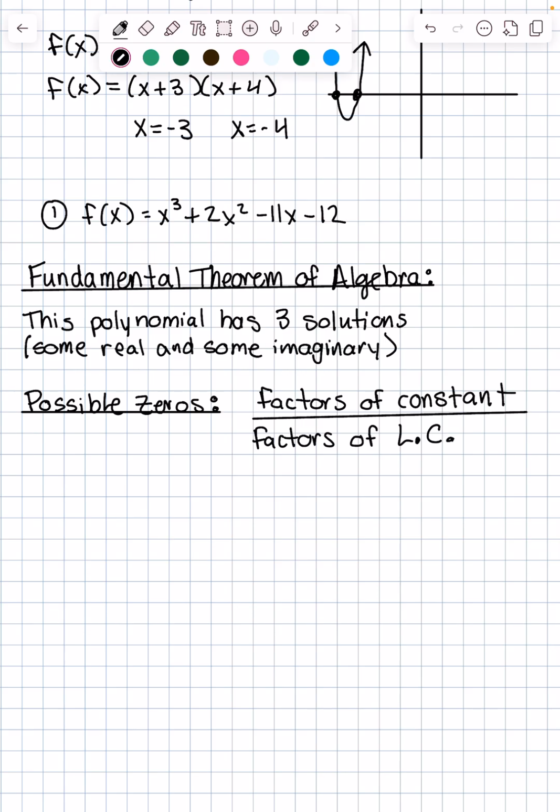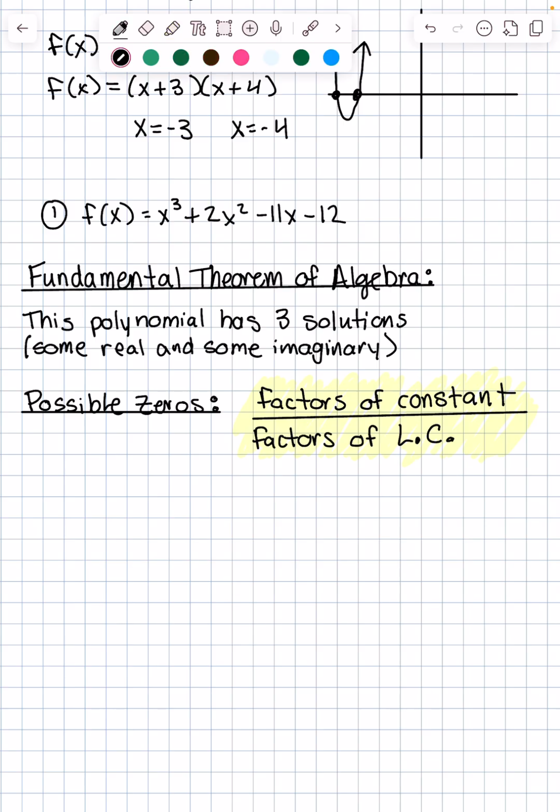Okay, this is something that I feel like students forget a lot, so make sure that you highlight this, you remember this, that to find the possible zeros, you have to take the factors of the constant, whatever the constant number is, divided by the factors of the leading coefficient.